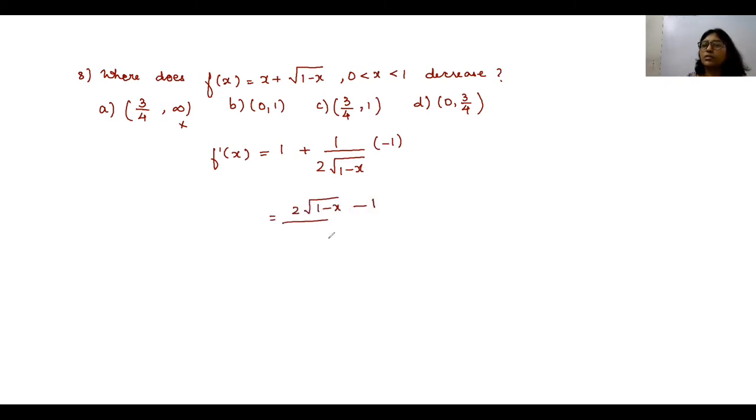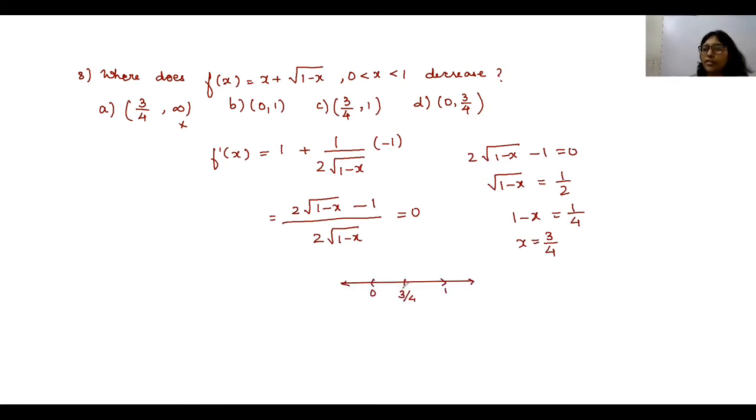And if the critical point is to be obtained, we have to equate f dash x to 0, and so the numerator will become 0. So we have root of 1 minus x is equal to half, squaring both sides, 1 minus x is 1 by 4, or x equal to 3 by 4. So that means our critical point is 3 by 4.